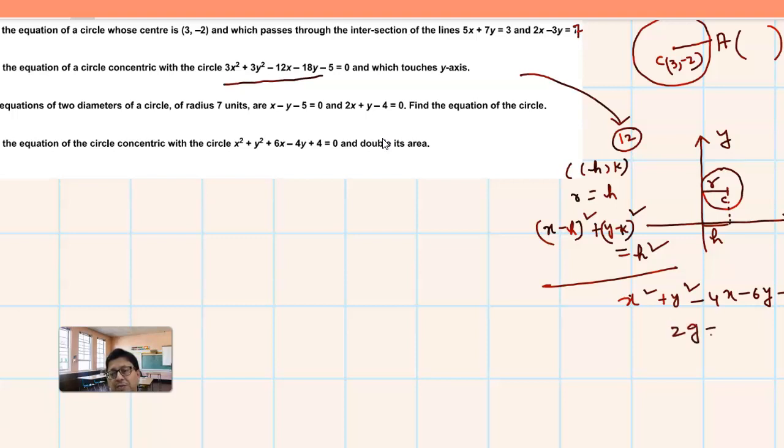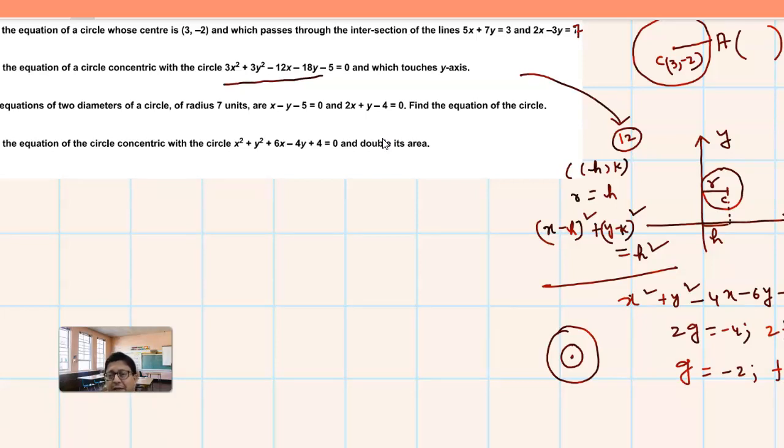So 2g is minus 4, 2f is minus 6, g is equal to minus 2 and f is equal to minus 3. A circle concentric with this circle means they have the same center. Radius will differ, so we are not calculating the radius.